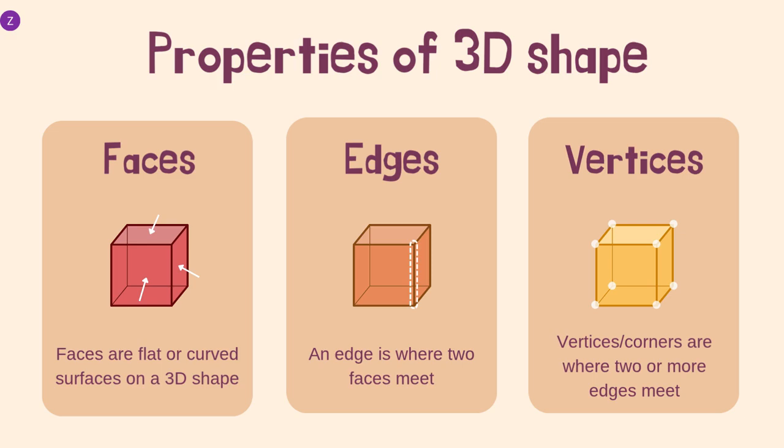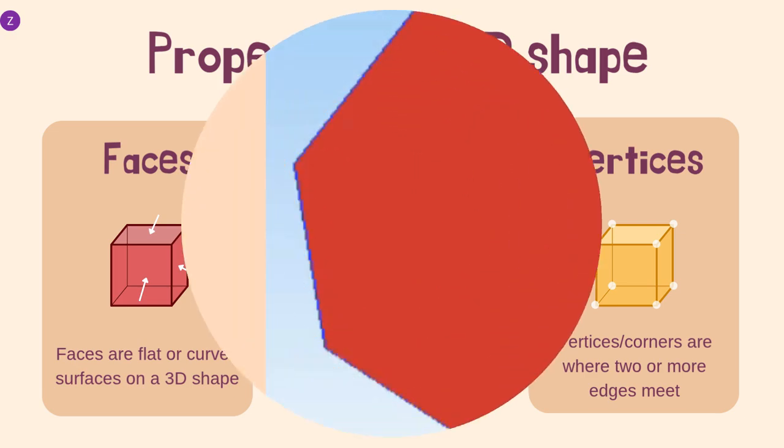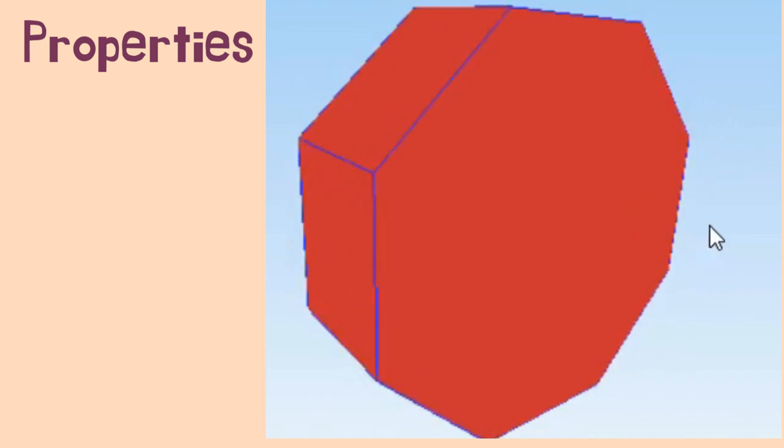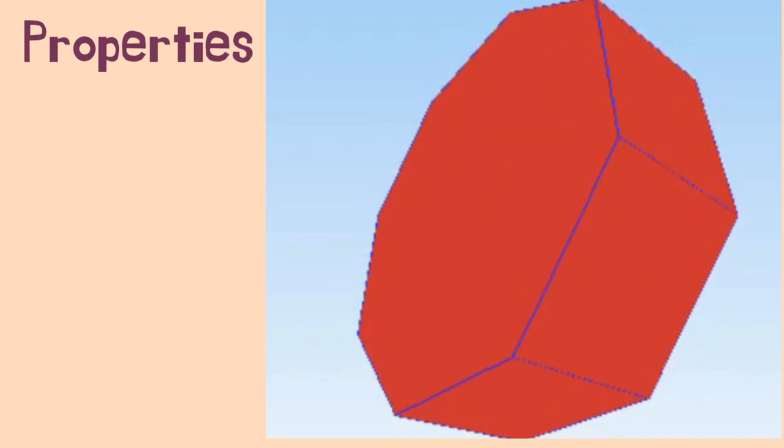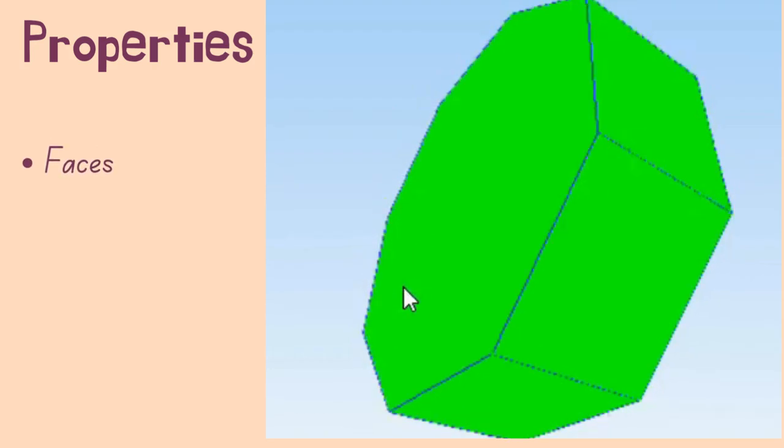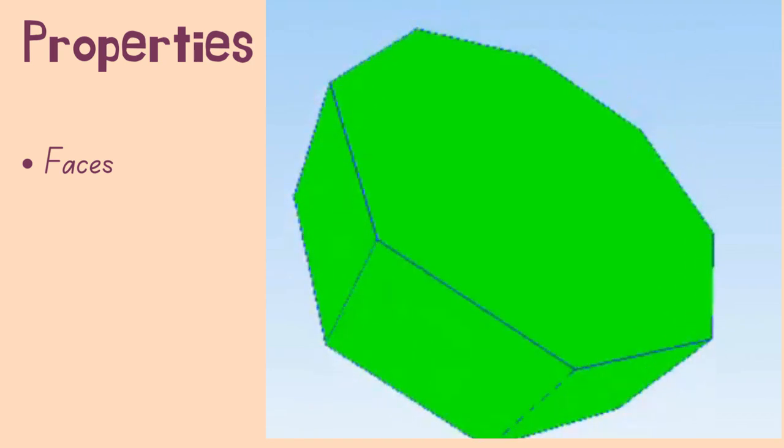Let's have a look at a few three-dimensional shapes. Let's have a look at the different properties of the three-dimensional shape, where we will find everything. As I said, a three-dimensional shape is made up of different two-dimensional shapes. If you look at the faces, the faces are now the green parts of your shape.